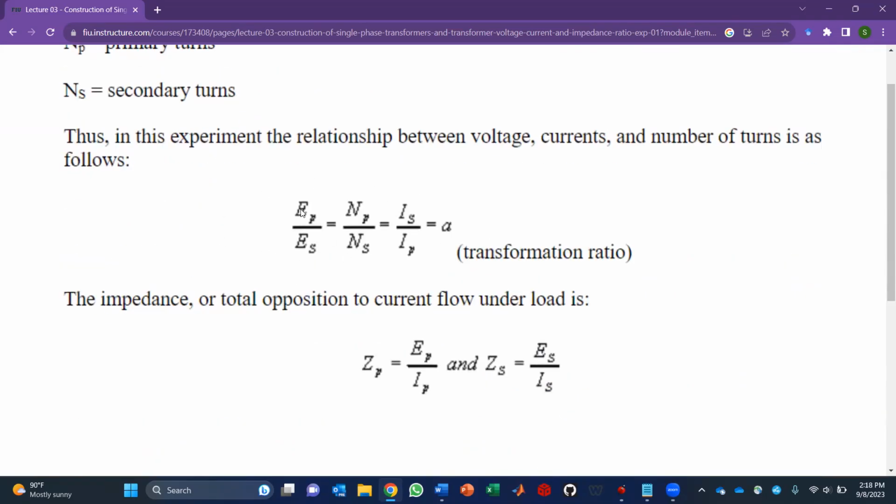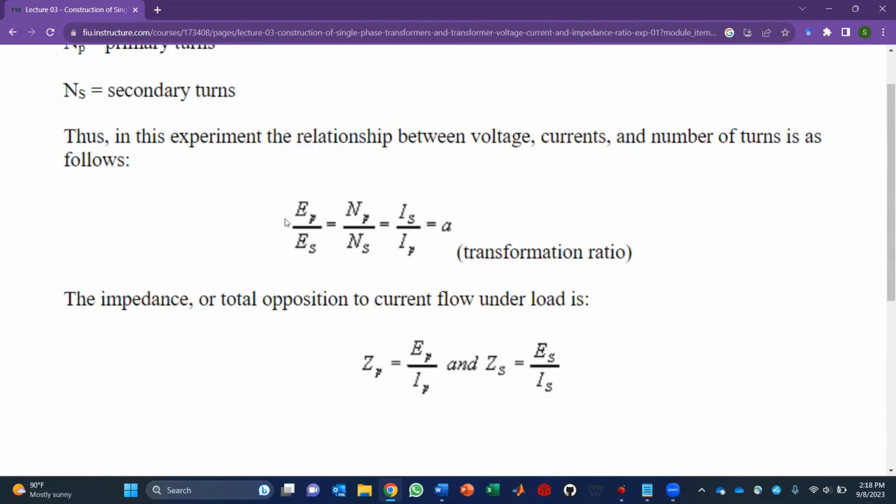So in the table, when you have collected all the voltage values and current values, I'd like you to calculate a transformation ratio with regard to voltage values.